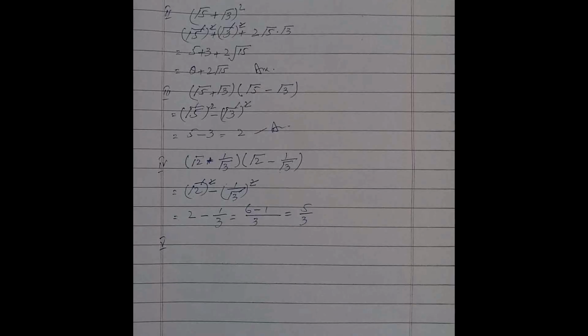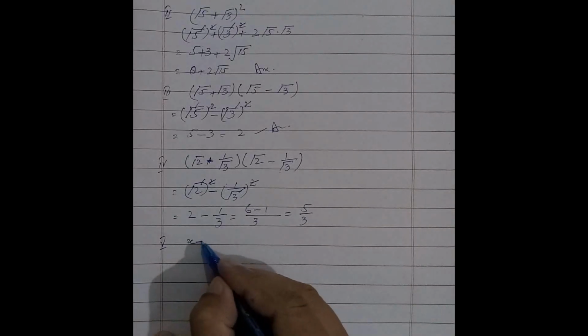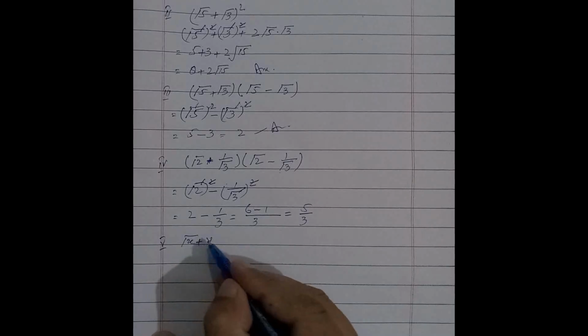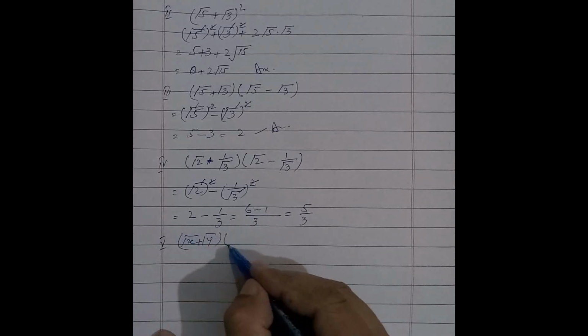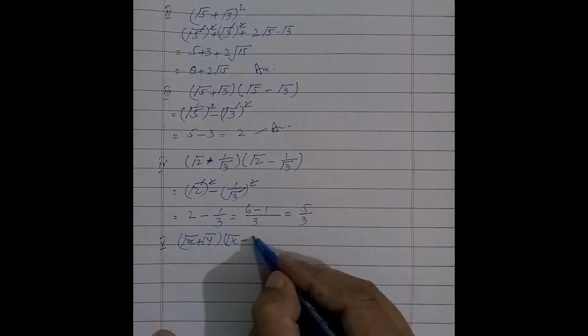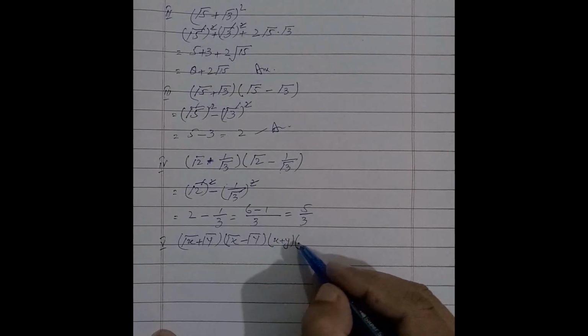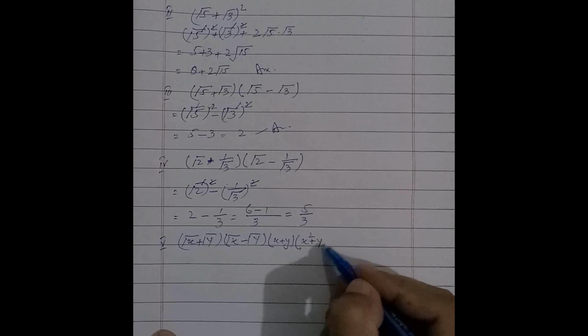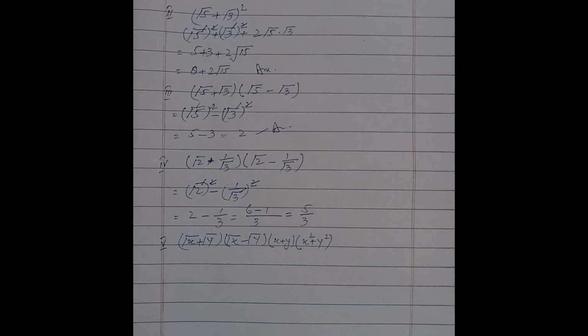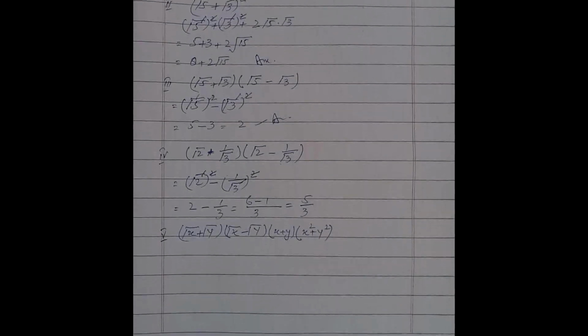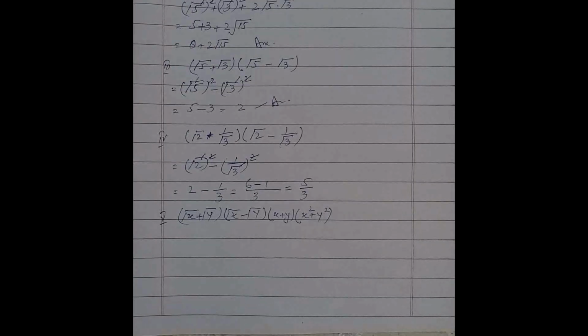The next, fifth part of the question is (x square root plus y square root) into (x square root minus y square root) into (x plus y) into (x square plus y square). We solve it by applying the formula (a plus b) into (a minus b), the answer is a square minus b square.